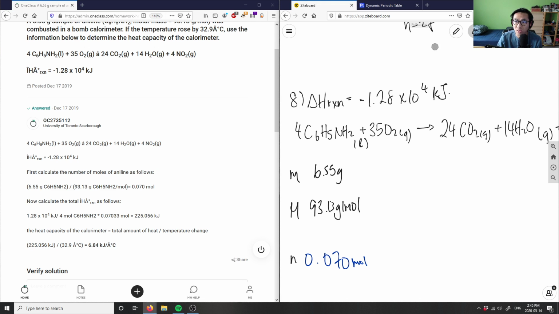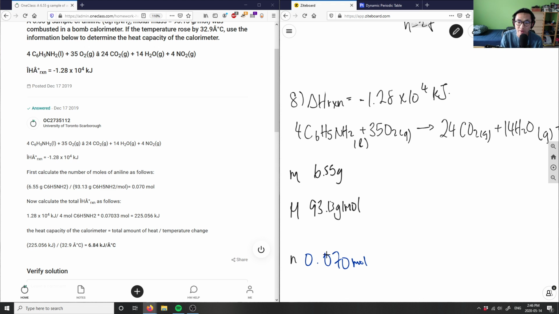So we know that our reaction here gives us, again, a negative 1.28 times 10 to the 4 kilojoules. So what we can solve for now is basically how much energy is being released per mole of aniline here.